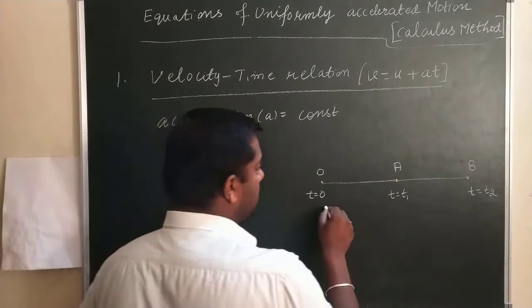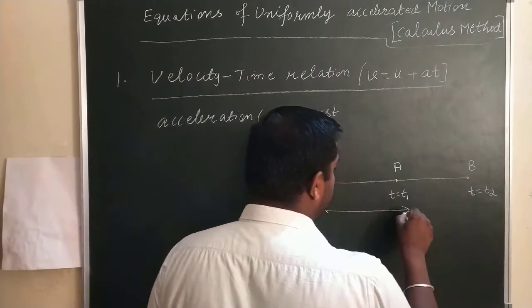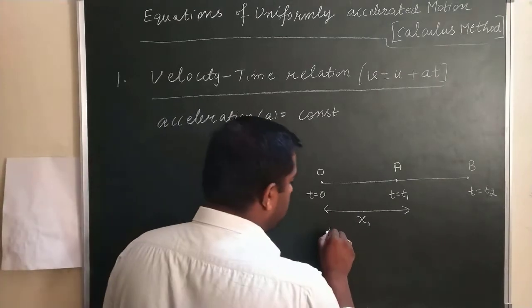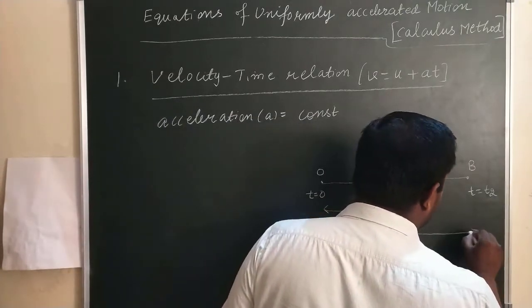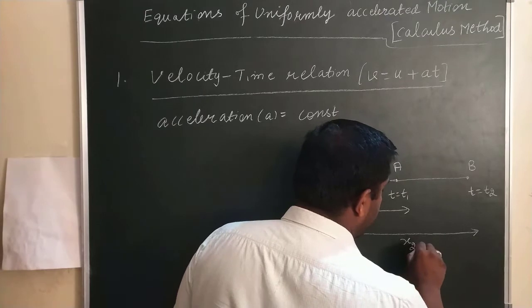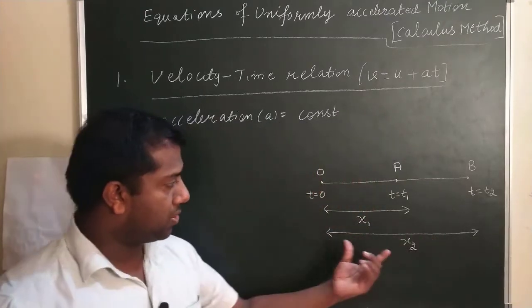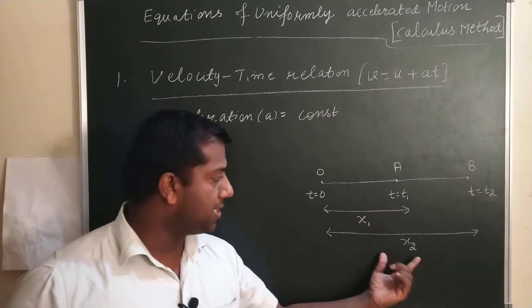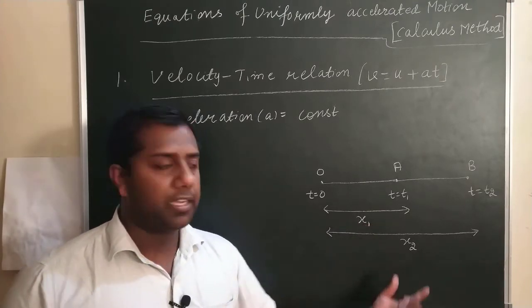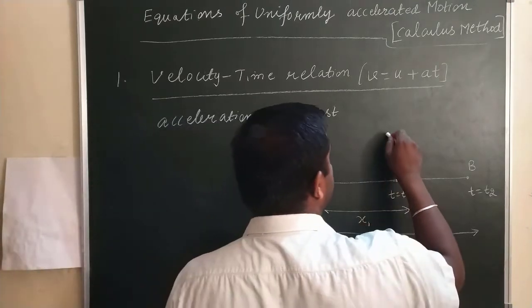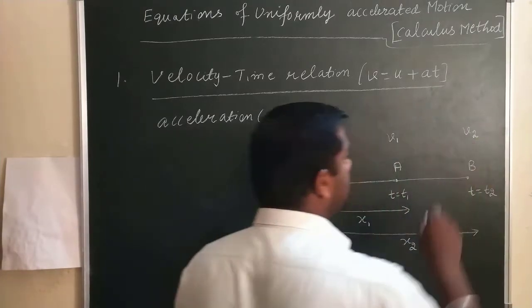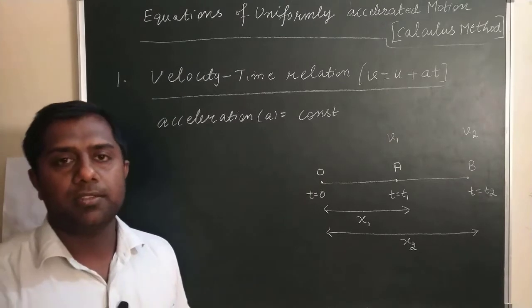Suppose the distance traveled by the particle in the time t1 is x1 and the distance traveled in the time t2 is x2, clear? So this is the distance traveled in time t1 and this is the distance traveled in the time t2. Clear? Let the velocity at the point A be v1 and the velocity at the point B be v2.